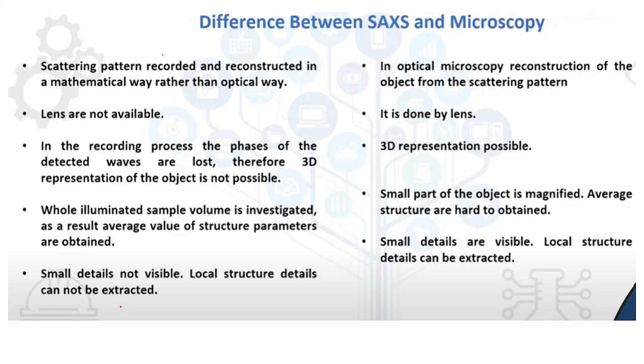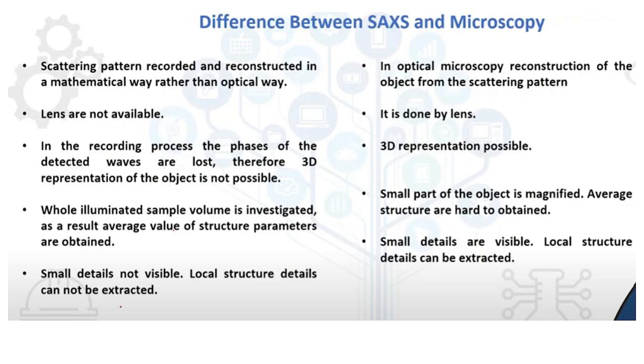In SAXS, the scattering pattern is recorded and reconstructed in a mathematical way rather than an optical way. Also, lenses are not available here, which I have already discussed. In the recording process, the phases of the detected waves are lost, therefore a 3D representation of the object is not possible, and the whole illuminated sample volume is investigated. As a result, the average values of the structural parameters are obtained.